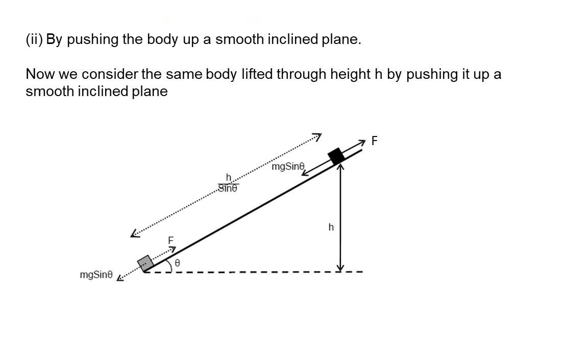Now, doing the same, we have to uplift the body up to a height h, but now through an inclined plane, and the inclined plane is smooth, but the height from the ground is h again, as shown in the diagram.